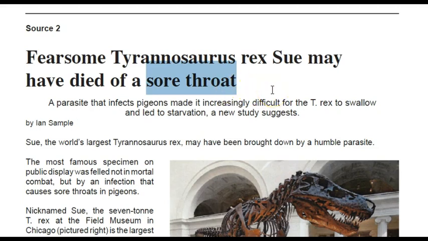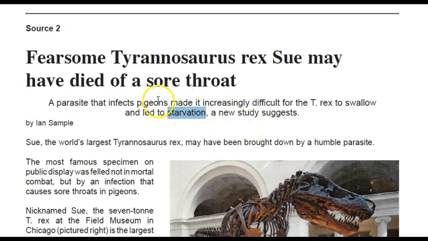And I notice that the strapline or the subheading here tells me that a parasite that infects pigeons made it increasingly difficult for the T-Rex to swallow, and led to starvation, a new study suggests.